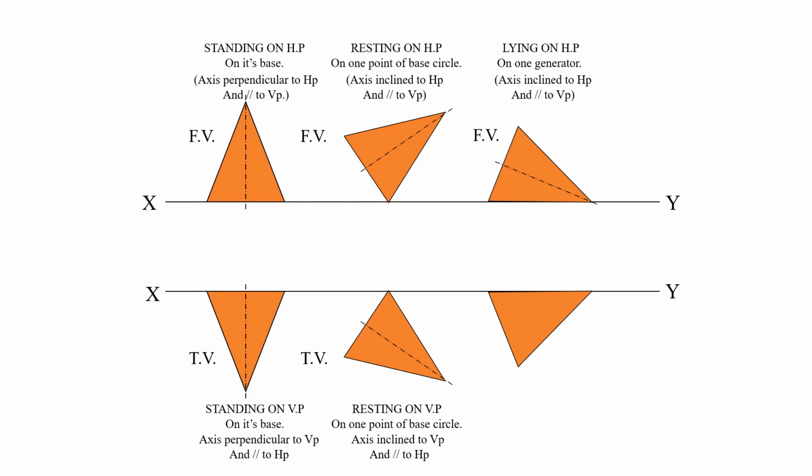Top view looks like this. When the cone is resting on one of its generators on the vertical plane, axis inclined to the vertical plane and parallel to the horizontal plane. These are the different positions of solids, and this is how the front view and top view look. From upcoming videos, we solve actual examples of projections of solids. Thank you.